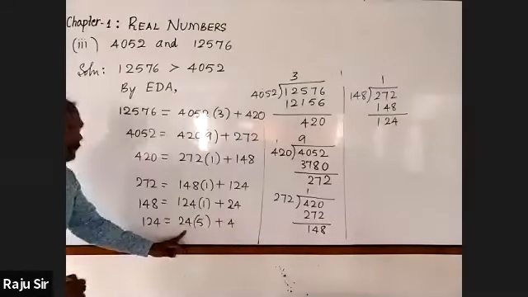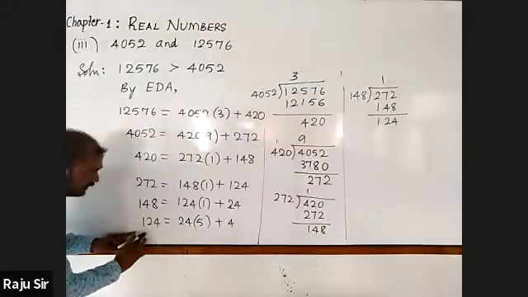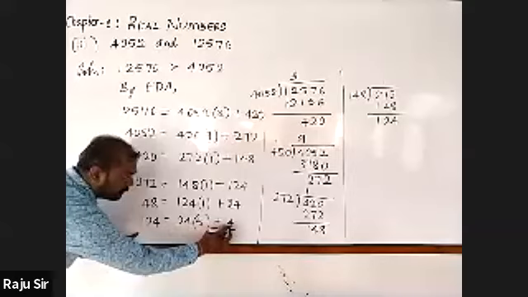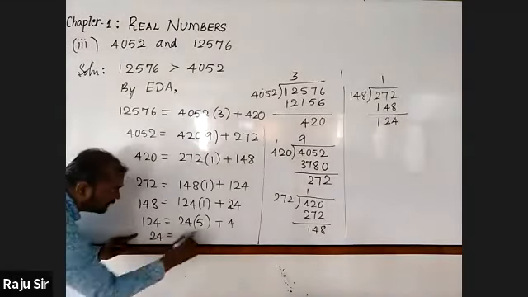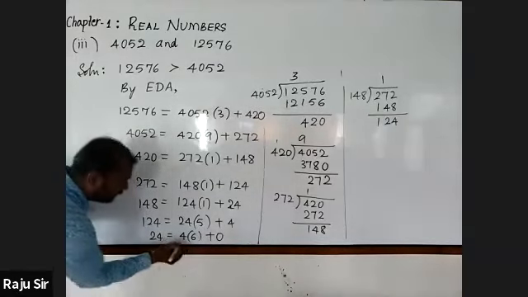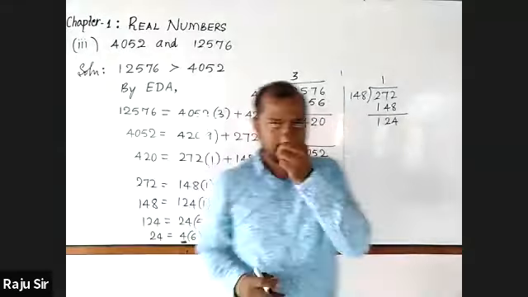Next, 24 is there. Here the remainder 4 is not equal to 0. Let us divide 24 by 4. 24 can be written as 4 6s are 24 plus 0. Then the remainder is 0. Here the divisor is 4. Hence the HCF is 4.